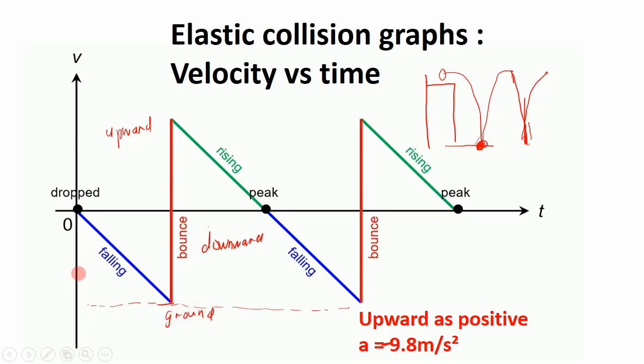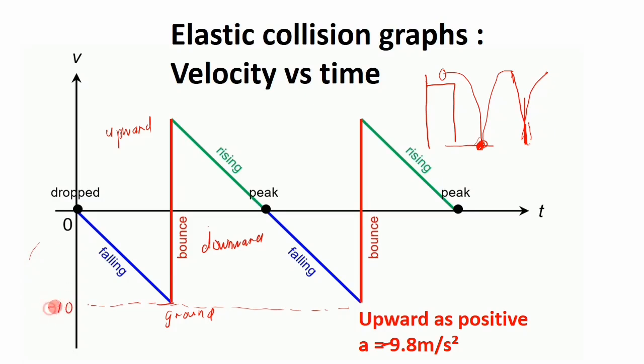Let's say now the ball is dropped at 0, and then it keeps falling. As it's falling, the velocity increases. Let's say by the time it reaches the ground, its velocity has increased to 10 meters per second.